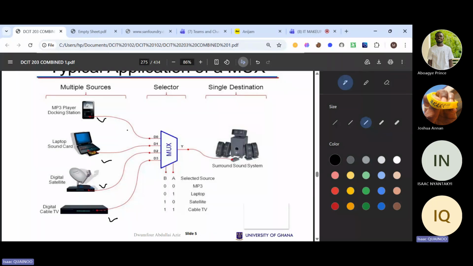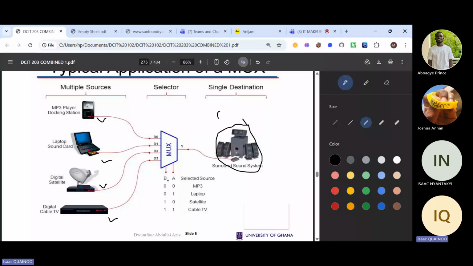All these data lines are serving as inputs, and they are all sending sound to just one sound system. So we have four different inputs and just one sound system. That means only one sound feed can be forwarded to this particular sound system.